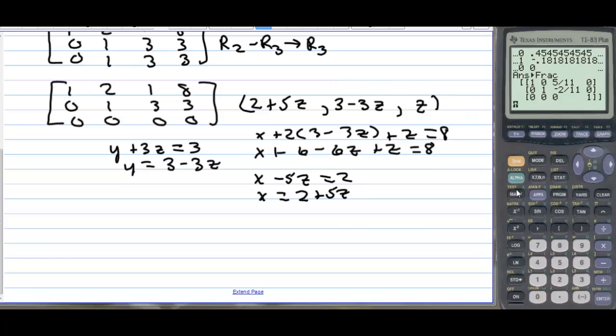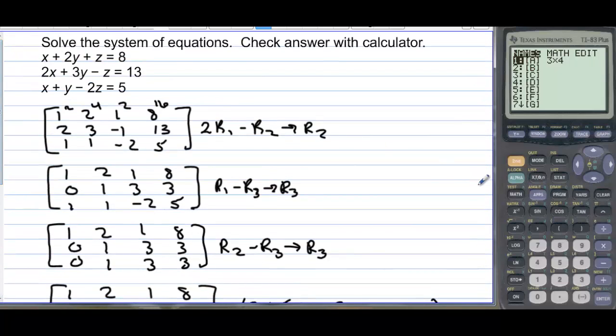Let's go to our calculator. We go into matrix, and I need that original matrix. We have 1, 2, 1, 8. Let's go to edit. This is still a 3 by 4. 1, 2, 1, and 8. Then we have 2, 3, negative 1, and 13.